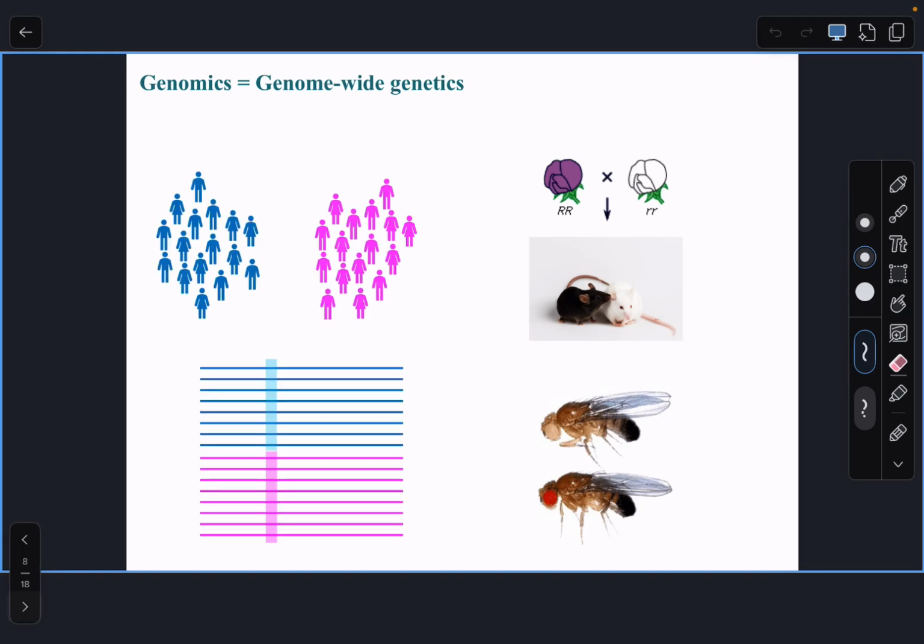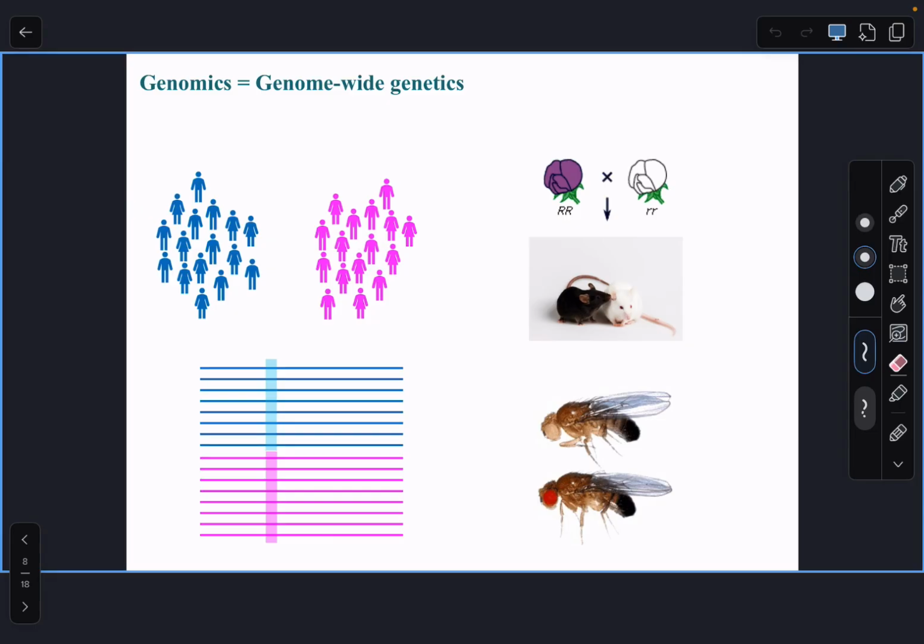If we apply the same thinking to humans, there have been many cases in which it was just that simple. Human conditions or traits, or diseases in some cases, that are explained by one locus.